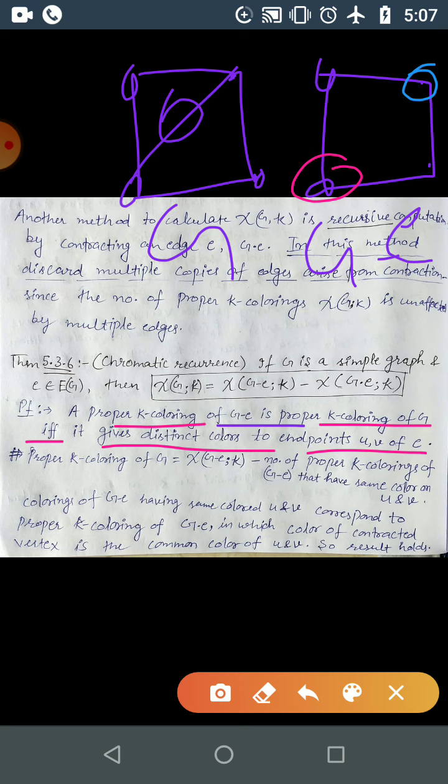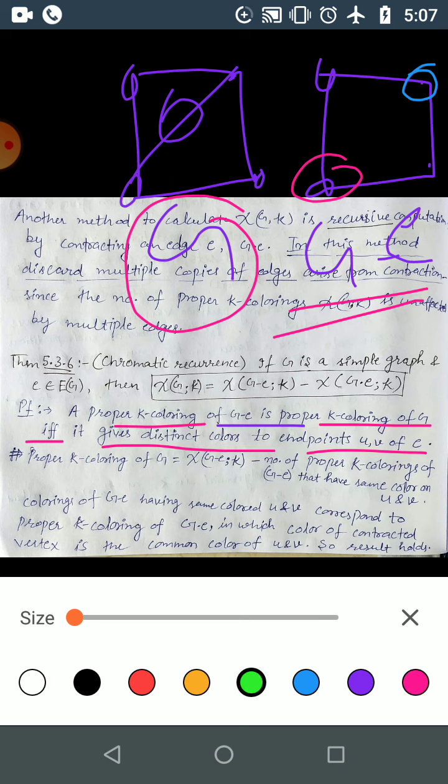So that's why this is the same. Every proper coloring of G is a proper coloring of G minus E, and the reverse is not true. The reverse is true only if the endpoints of E get different colors here, okay.